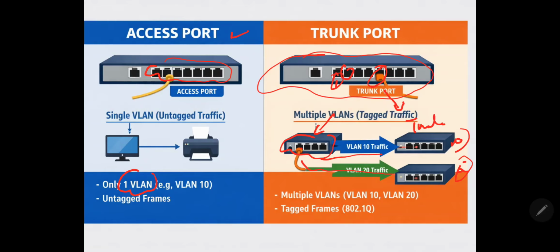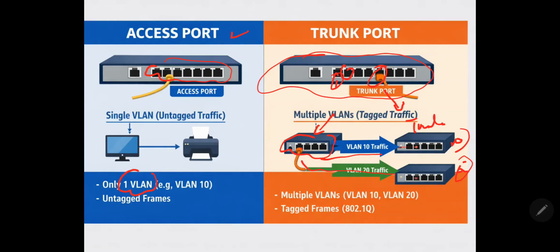Access ports and trunk ports are essential components in a VLAN-based network, and each has a clear and specific function. An access port is used to connect end-user devices such as computers, printers, and IP phones. It carries traffic for only one VLAN and sends data as untagged frames, so the connected device does not need to understand VLANs.